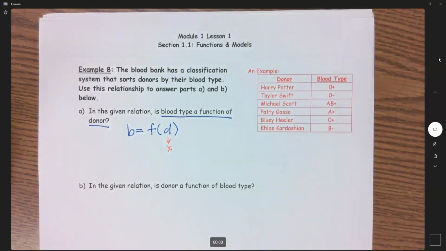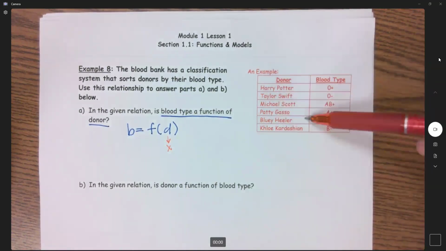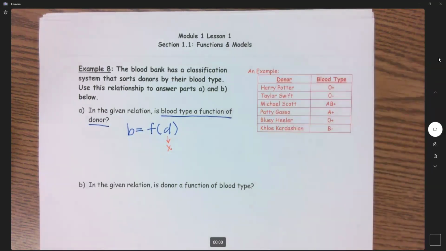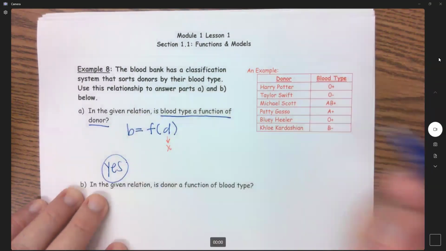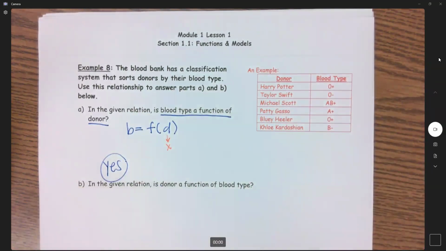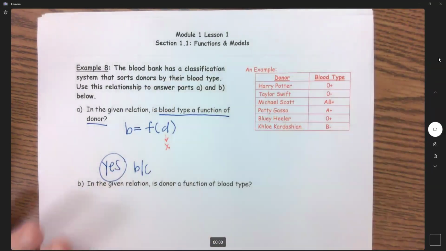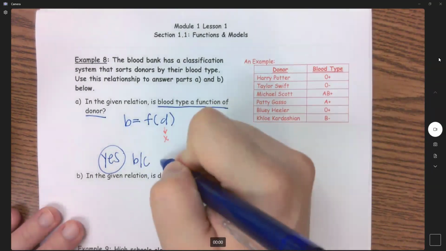And what we know about functions is that my X cannot repeat. So if my X is being represented by my donors here, is this a function? Well, yes, my donors aren't going to repeat. So my answer is yes. And that's really all you need to answer. But if you want some information for when you look back at your notes, because donors don't repeat.